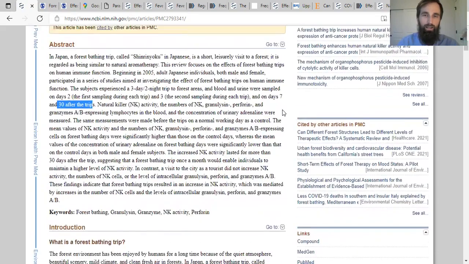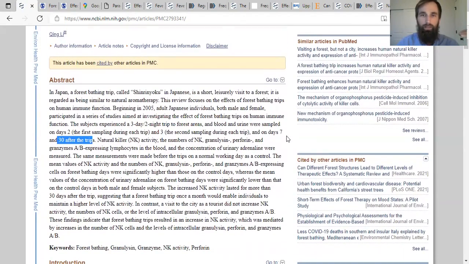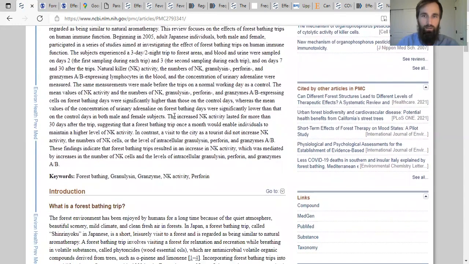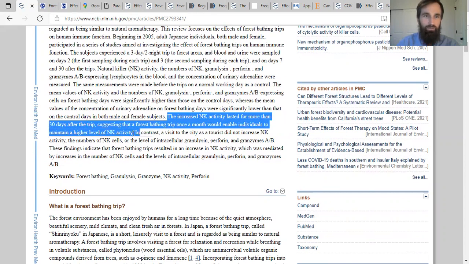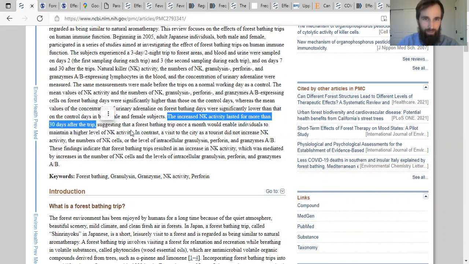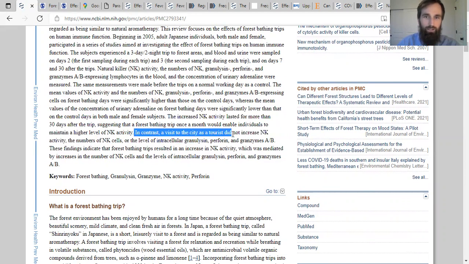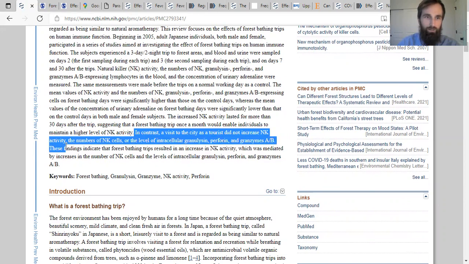And again, an increase in these enzymes would result in an increase in the natural killer cell activity. So the increased natural killer cell activity lasted for more than 30 days after the trip, suggesting that a forest bathing trip once a month would enable individuals to maintain higher levels of natural killer cell activity. In contrast, the visit to the city as a tourist did not increase natural killer cell activity.